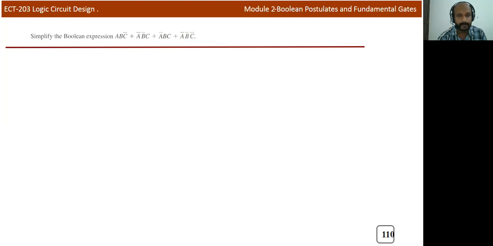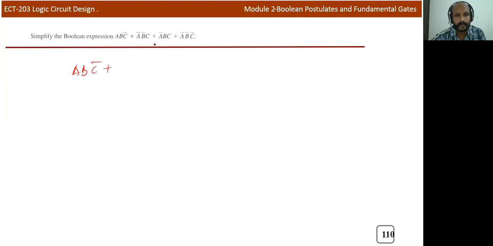Okay, which is a b c bar and a bar b bar c plus a bar b c plus a bar b bar c bar. So now applying this particular, I think we can group the terms, which is a b c bar.